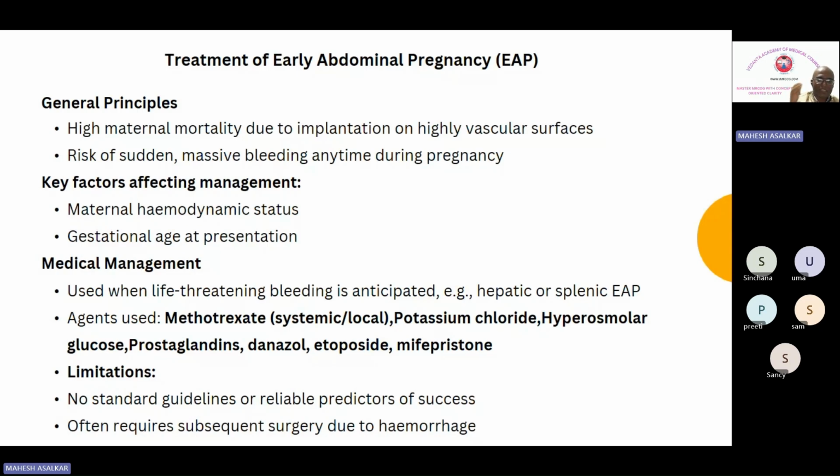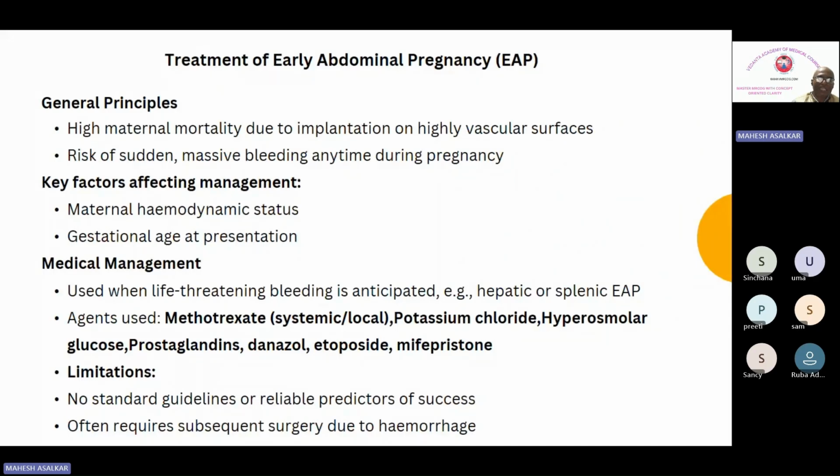Key factors affecting the management are maternal hemodynamic status and gestational age at the time of presentation. Medical management is used when life-threatening bleeding is anticipated, for example a splenic or hepatic early abdominal pregnancy.